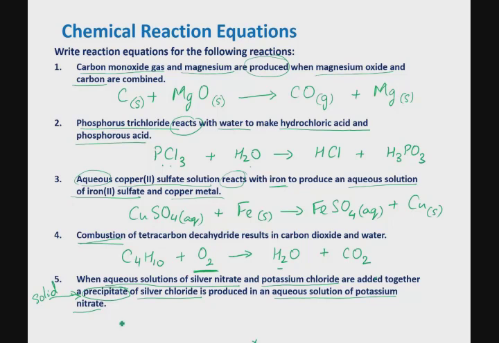So an aqueous solution of silver nitrate, AgNO3, aq, reacts with potassium chloride, aqueous, makes a precipitate of silver chloride, that is AgCl, solid because that's a precipitate, plus an aqueous solution of potassium nitrate.